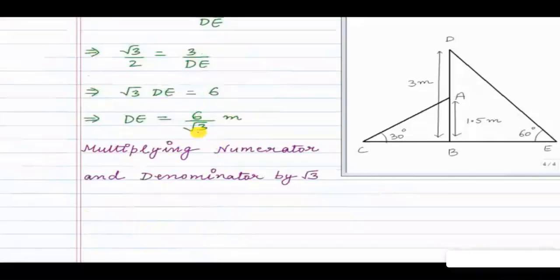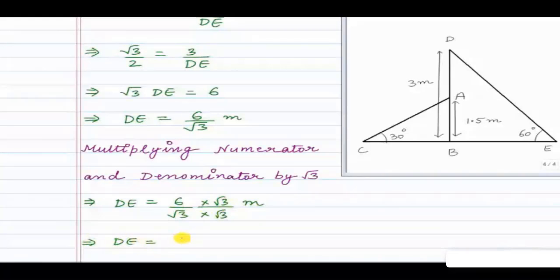Now we will rationalize the denominator, and for that we will multiply the numerator and denominator by root 3. So DE will become 6 root 3 by root 3 into root 3, which comes out to be 6 root 3 by 3 meters.